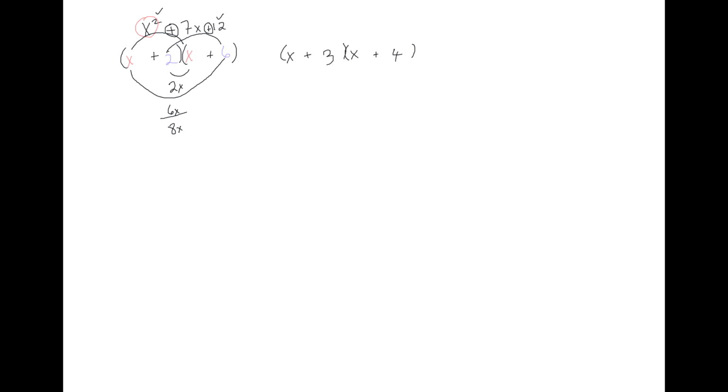So x times x, x squared. 3 times 4, 12. Three times x, 3x. X times 4, 4x.